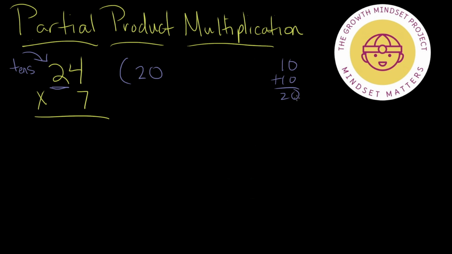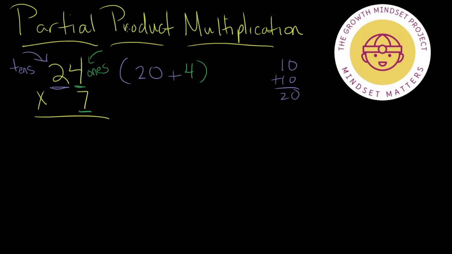Then if we look at this 4, we know that this 4 is in the ones place, so that's like having a 4. So the number 24 is really like saying 20 plus 4. That's how we get the number 24.